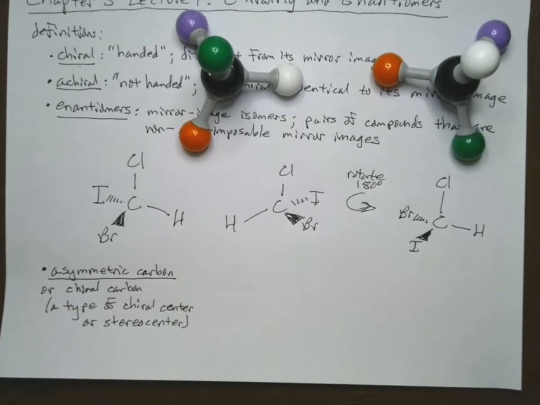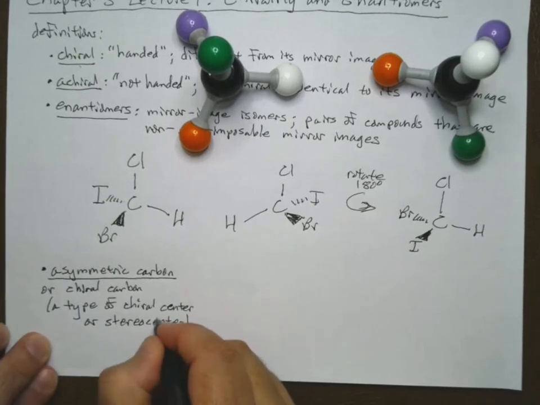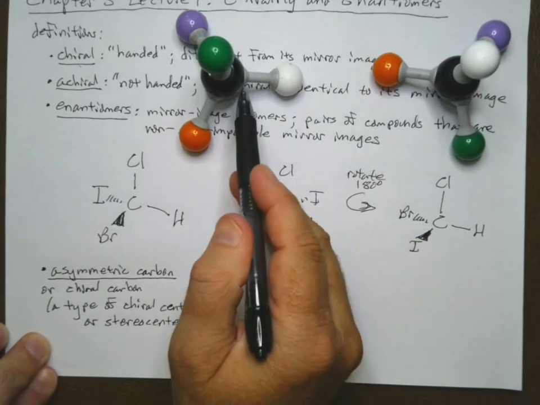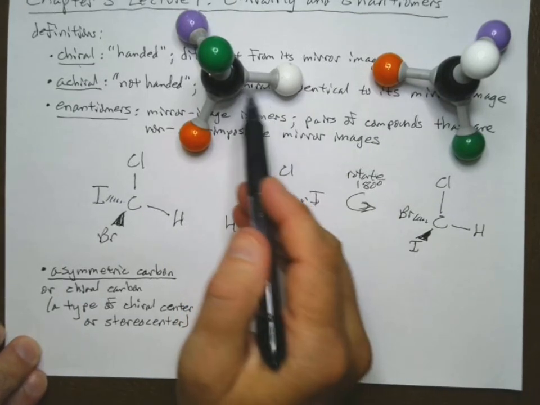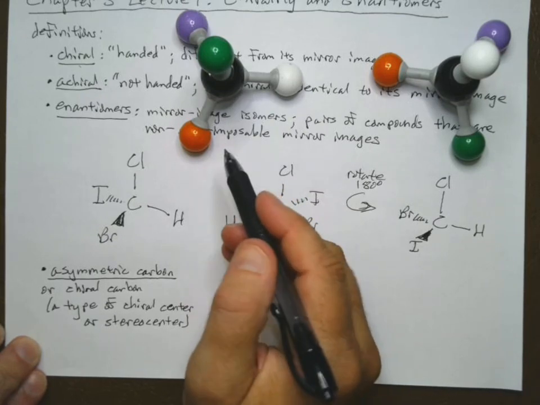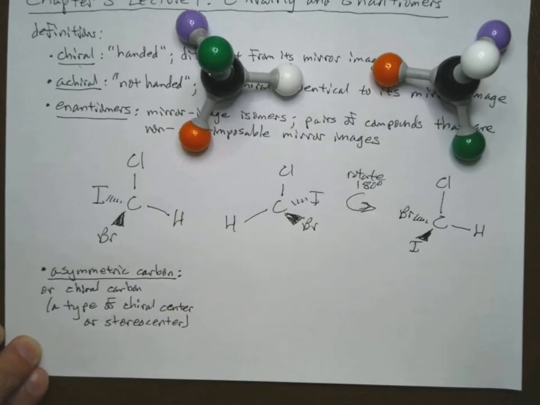Chiral centers are also called stereocenters, and they are parts of a molecule, atoms in a molecule, that give rise to the chirality, that give rise to the handedness. So what is an asymmetric carbon?